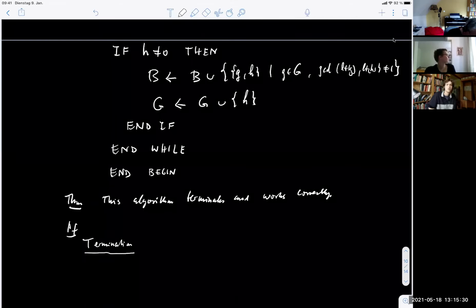Note that H in my notation now refers to what's happening in the algorithm. Whenever in the algorithm I have an H computed which is non-zero, then the leading term of H is not contained in the monomial ideal generated by the leading terms of G, since H is a normal form.